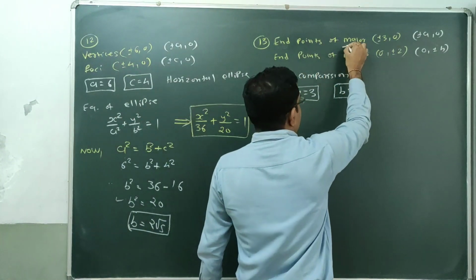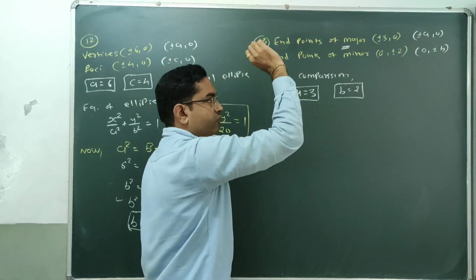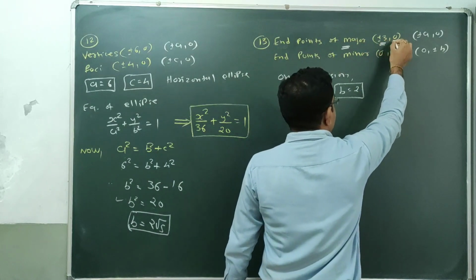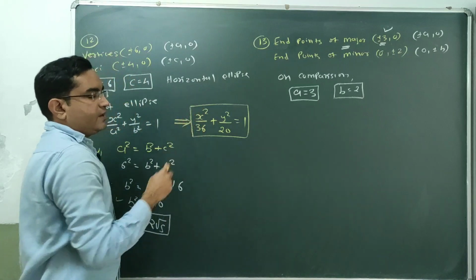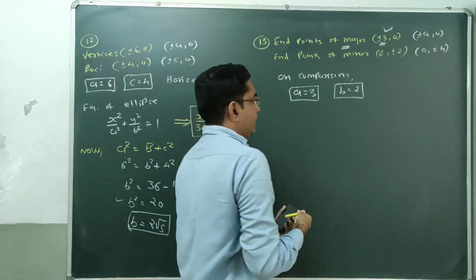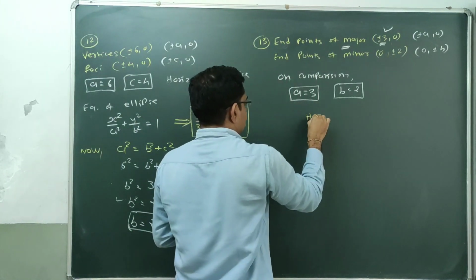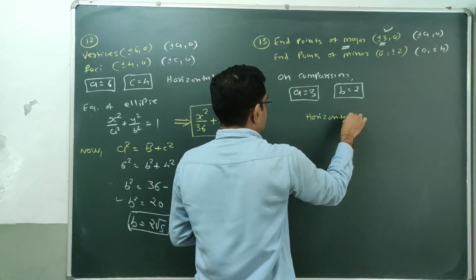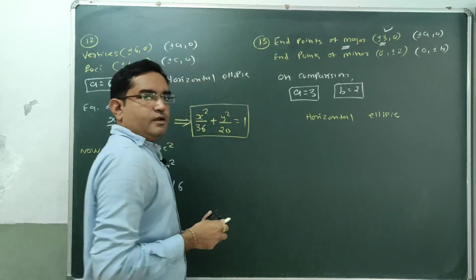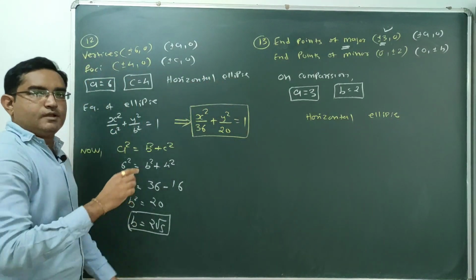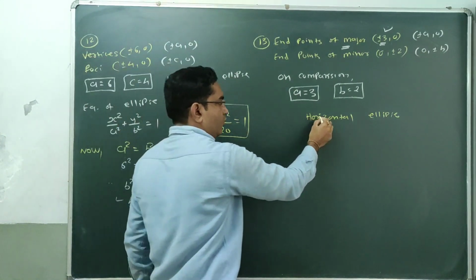So here the endpoints of the major axis are nothing but the coordinates of the vertex, and that vertex lies on the x-axis. So when the vertex lies on the x-axis, this is the case of a horizontal ellipse.